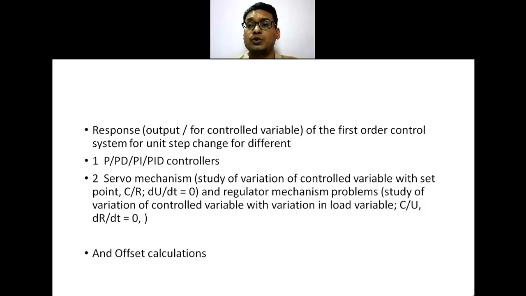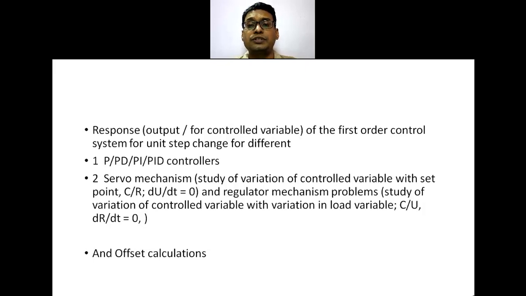So we are trying to study this for the first order control system, and then we will study the numericals associated with this dynamic behavior. This also incorporates the servo problem as well as the regulator mechanism problems.